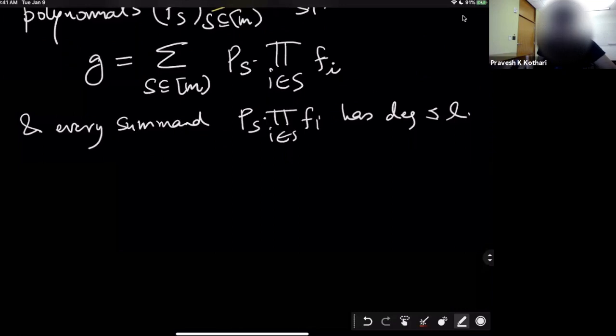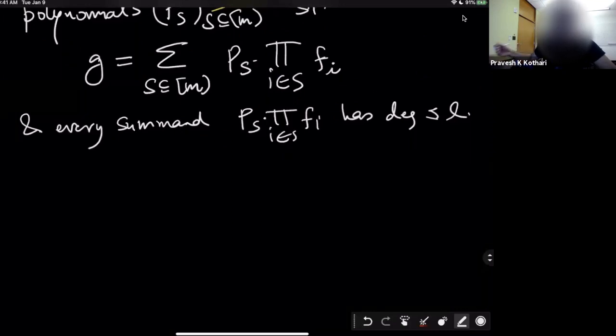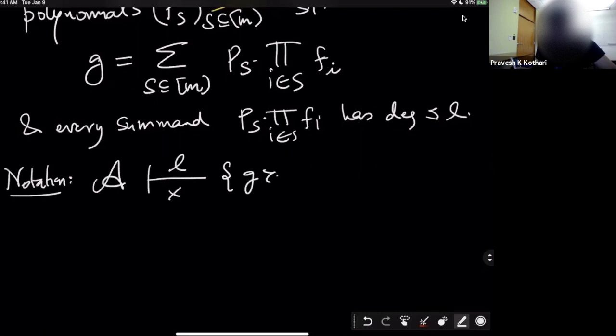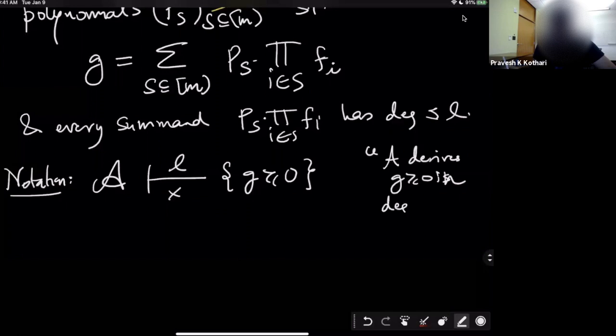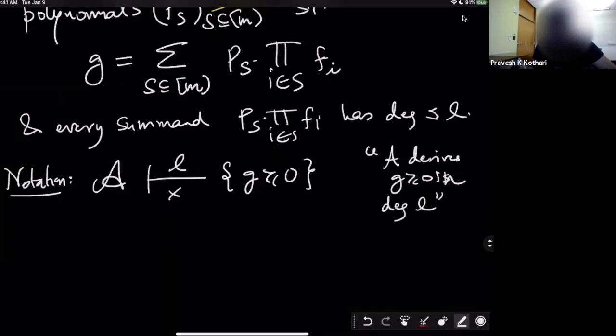We denote the fact that there is a degree L sum of squares proof of non-negativity of G over the set A by writing this notation: we read this as A derives G bigger than 0 in degree L. You can think of this as the symbol that says derives.